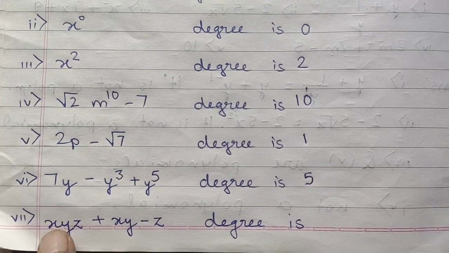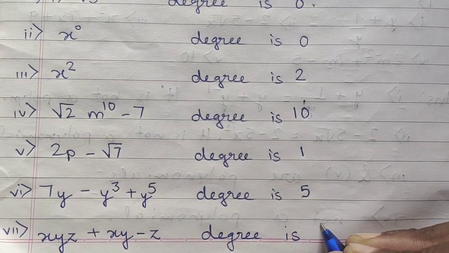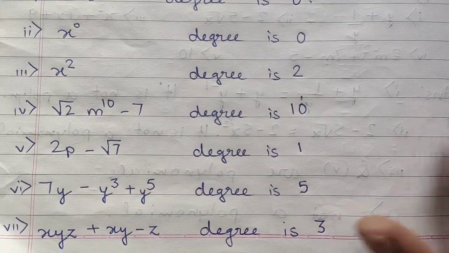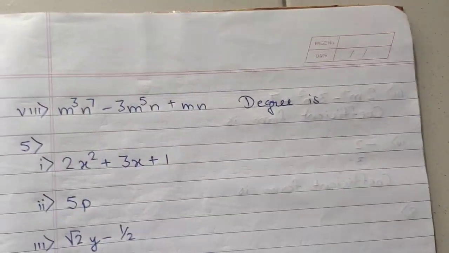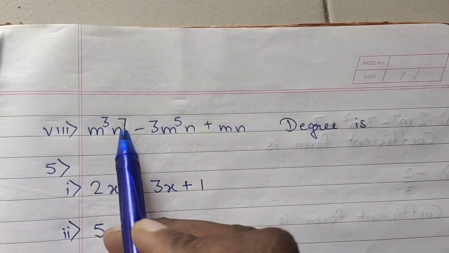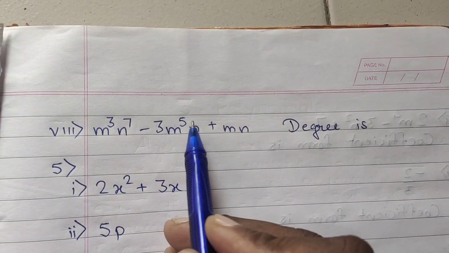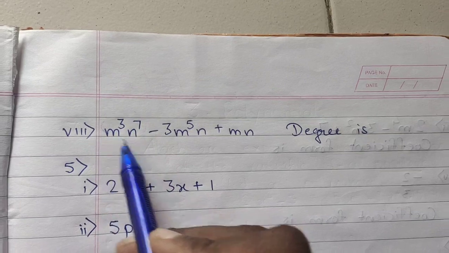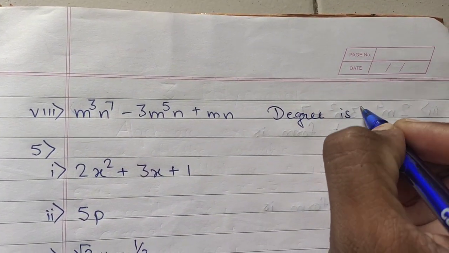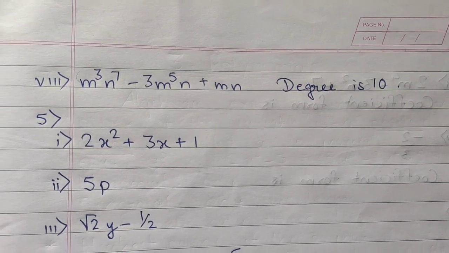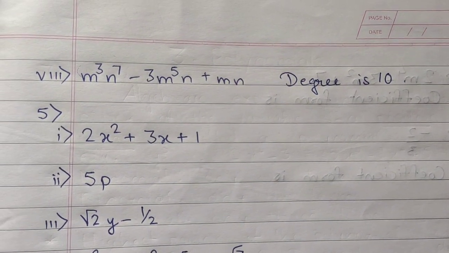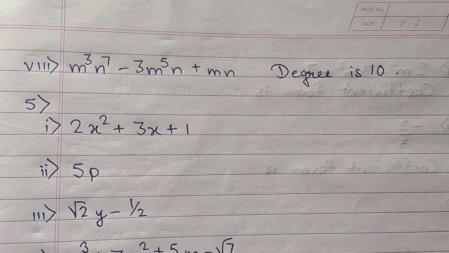So which one is highest? 3. So in this case your degree is 3. Okay, so in this way you are going to write your degree. Now one more example is there. See, this is power 10, this is 6, this is 2, so the highest is 10, so the degree is 10 here. Okay, so remember, degree means what? Highest power. So only that you are going to write.